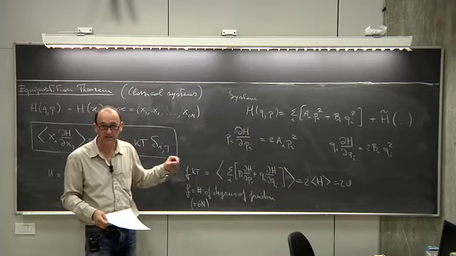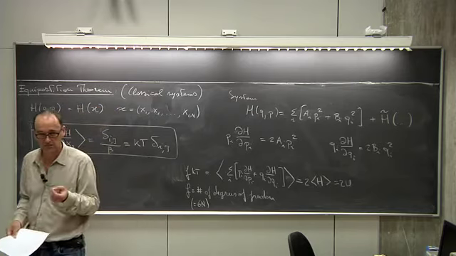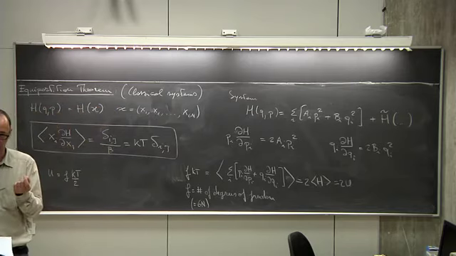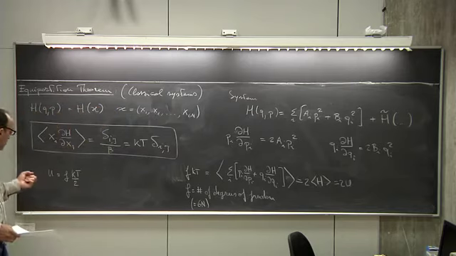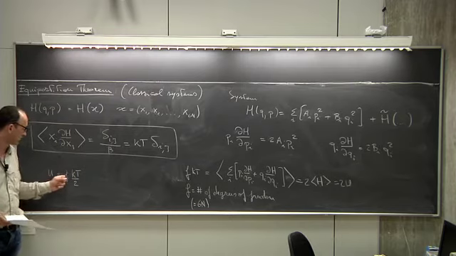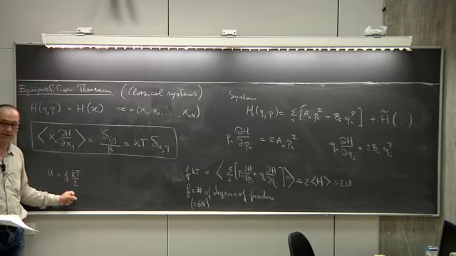Okay, and this tells you that each degree of freedom which contributes quadratically to the Hamiltonian will contribute an energy which is kT divided by 2.